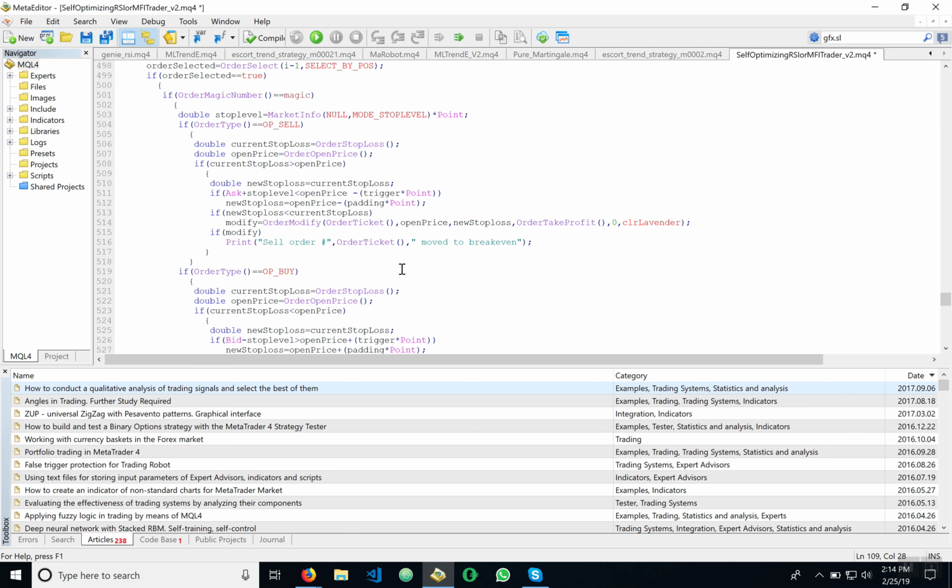And as you run through the code, it checks stop levels and compares them to the open price and the trigger. And this is an example here.